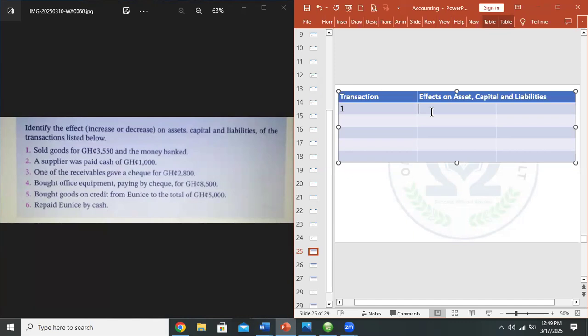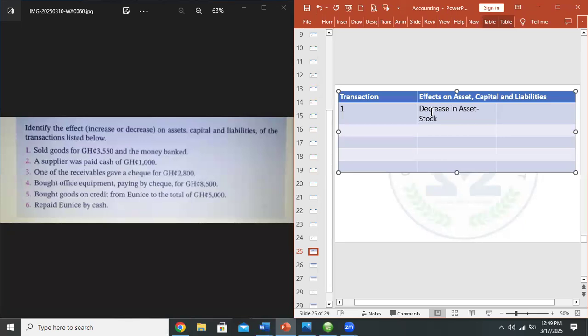So if you analyze carefully, you see that the business is losing goods, which is the stock, and also gaining money into the bank account. So if we weigh the two, then we can boldly say that there is a decrease in asset, which is stock.